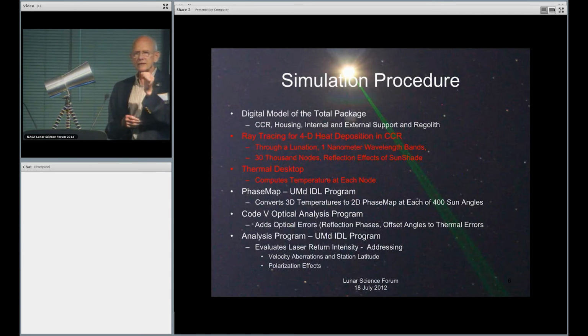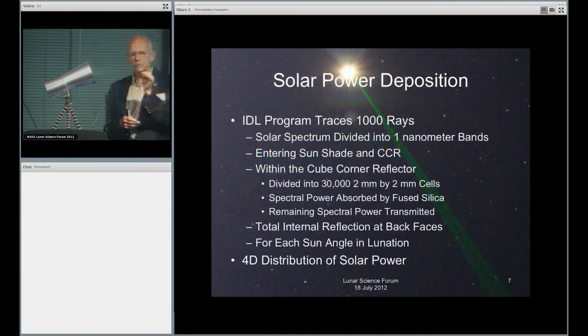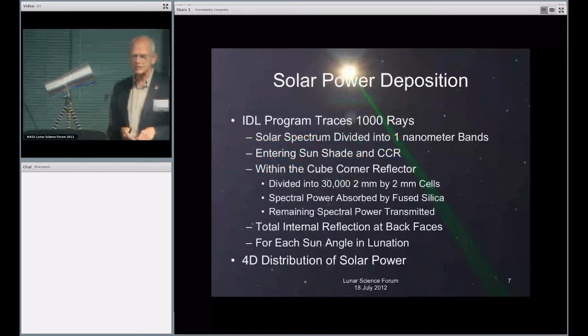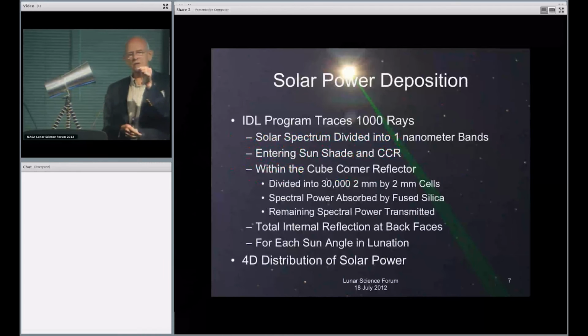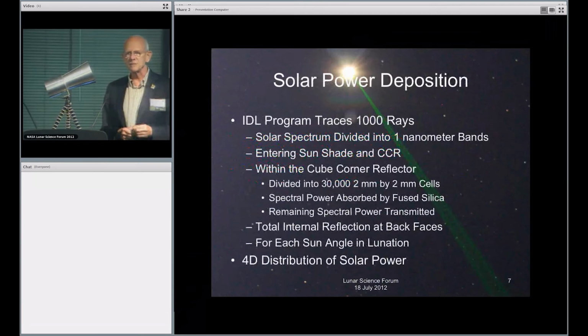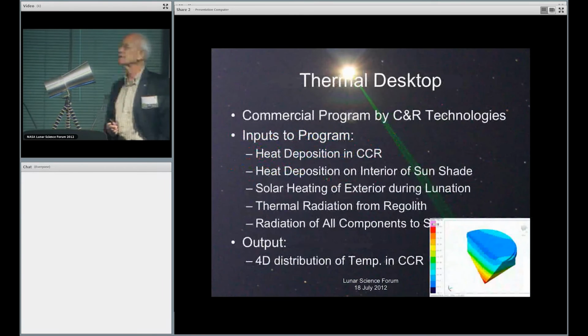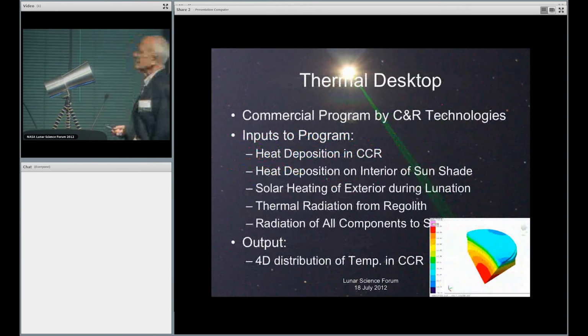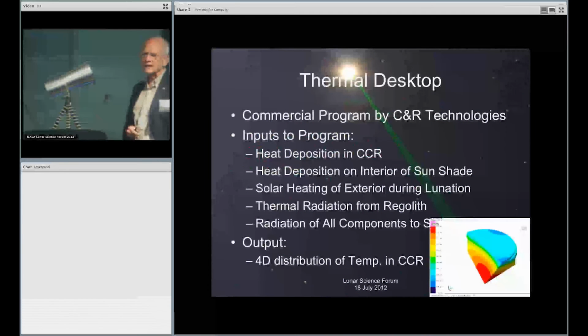At each millimeter, we take the absorbed, and we cut up the solar radiation into 1 nanometer bands. Each one of those goes into the absorption at that millimeter. Part of it's absorbed, part of it's continued. And so we do that for 1,000 rays, and then repeat that for several hundred orientations of the sun during illumination.